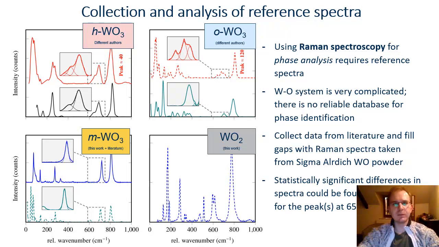This was done first by looking at the data currently available in the literature from different sources, and also we filled the gap by acquiring a certain amount of test material from Sigma Aldrich, which supplied powders, for example, of the monoclinic tungsten trioxide and also the monoclinic tungsten dioxide, which we analyzed using the same machine. And so we built this small library of Raman spectra for tungsten oxides.